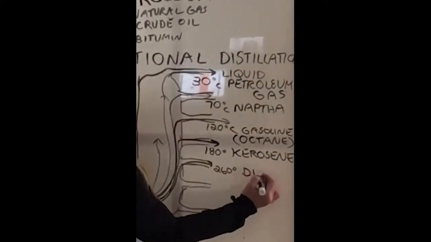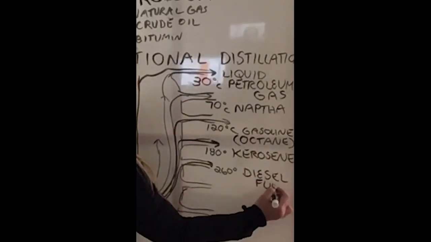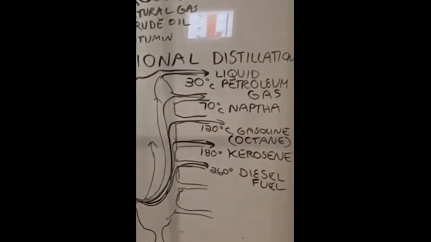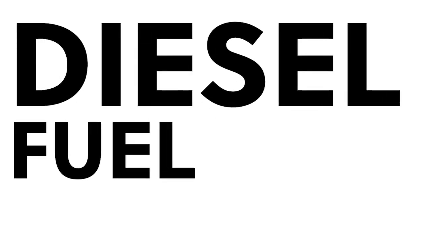All right, keep boiling till we get to about 260, and that is the boiling point of diesel fuel. Those big diesel trucks, they use a different type of fuel. They don't use octane. So if you go to the gas station, generally it's a green colored handle. It says diesel fuel. You don't want to put that in your car. It's a much heavier hydrocarbon.